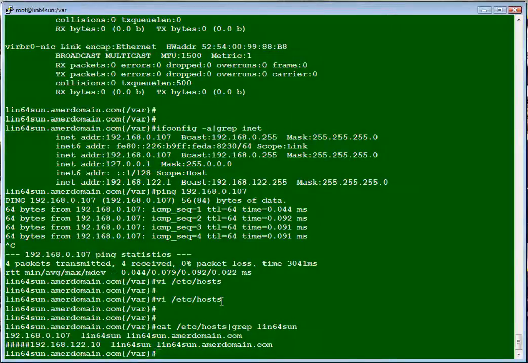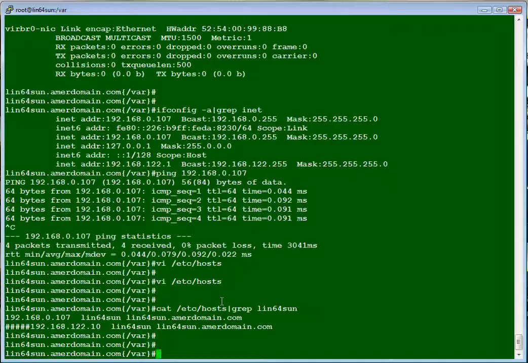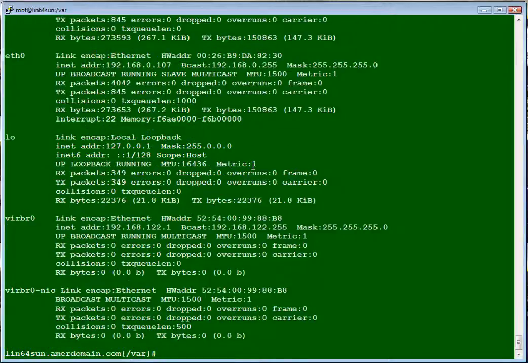Now, what is my network card? My network card is, if you run ifconfig -a, it will show this one, Ethernet 0. This is my network card.